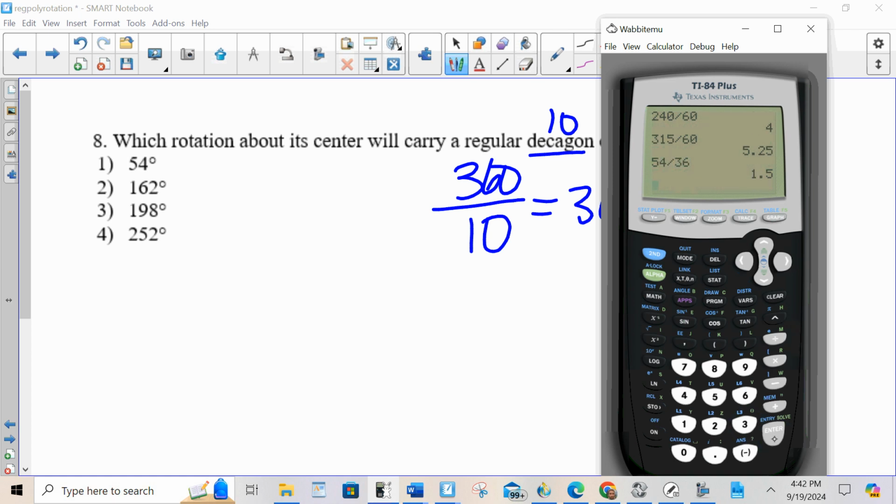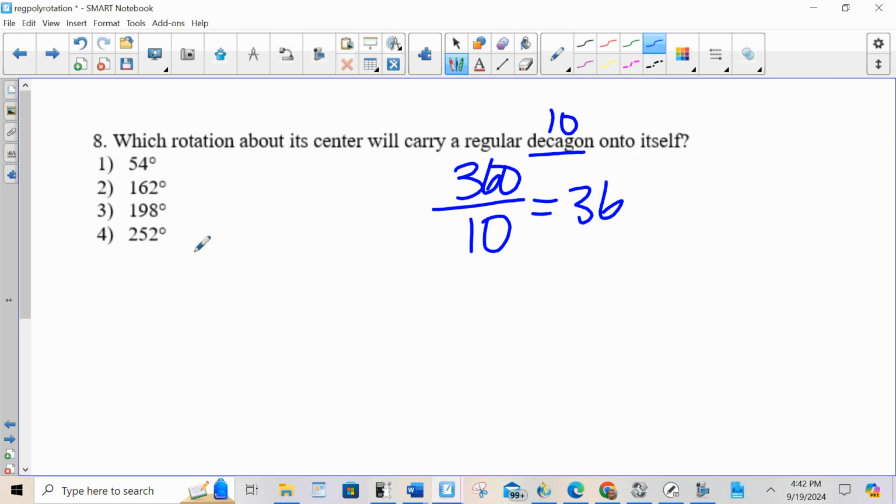No. Is 162 a multiple of 36? No. Is 198 a multiple of 36? No. I sure hope it's choice 4, or else we got some problems. Whew. Yes. 36 times 7 is 252. 252 is a multiple of 36. Therefore, it will map it onto itself.